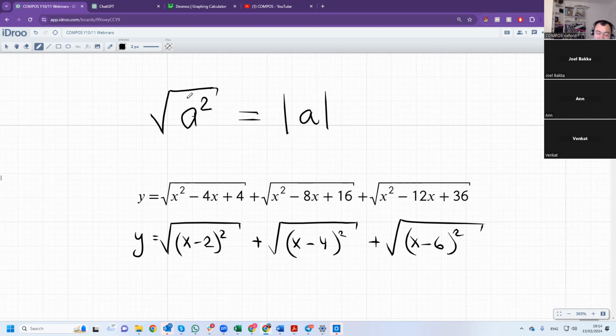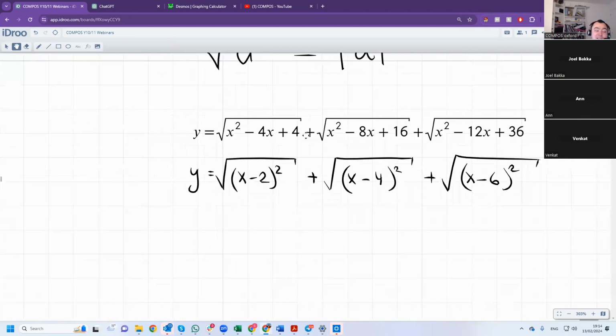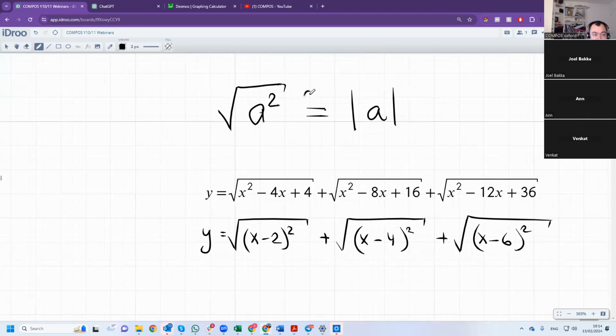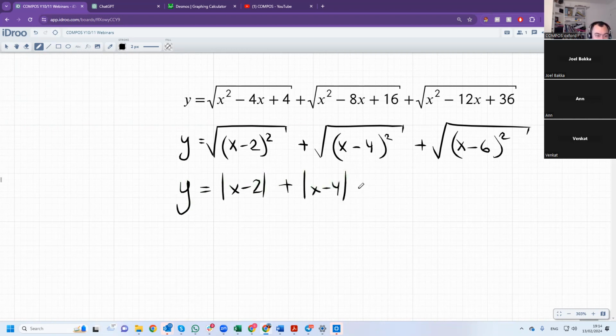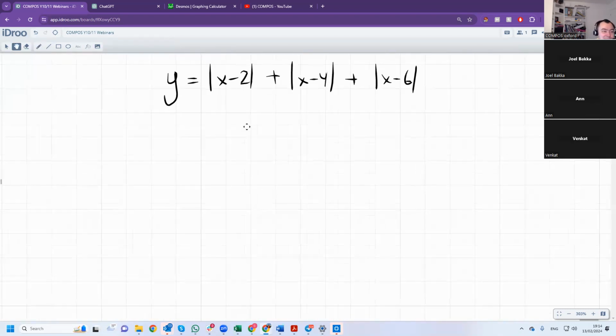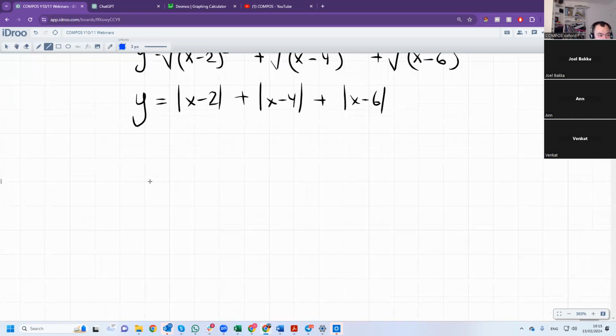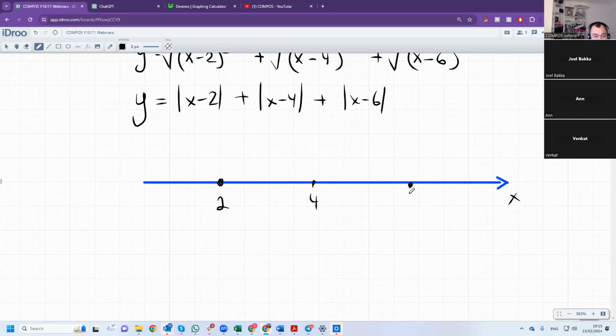And the same with the modulus. The modulus just removes the minus, so you could say by definition. Okay, so this means that this graph becomes |x minus 2| plus |x minus 4| plus |x minus 6|. And we already know what to do with this because we know that there are 3 breaking points on this graph. If this is x, this is 2, this is 4, and this is 6.